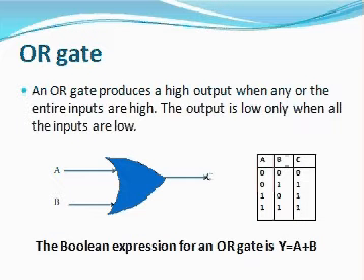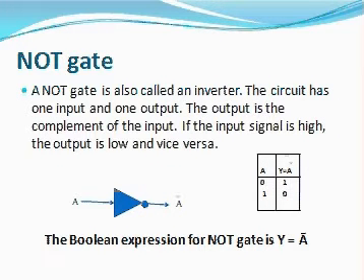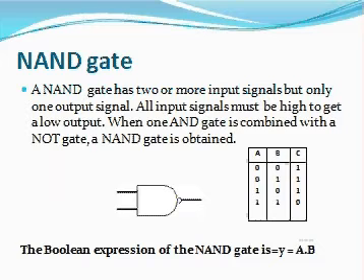Here, when any one of the inputs is high, the output goes high, and its Boolean expression is Y equals A plus B. NOT gate. It is also known as an inverter because it inverts the given input. If A is given, the output will be A bar. That is, the complement of the input is received at the output. Its Boolean expression is Y equals A bar.